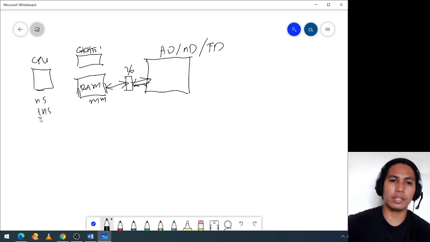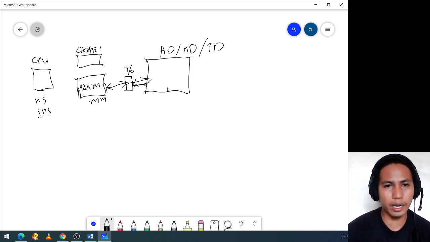And the speed of a hard disk, a flash drive, and so on is, imagine, 1 microsecond. And for RAM, imagine that is 100 nanoseconds. And for cache is 10 nanoseconds.